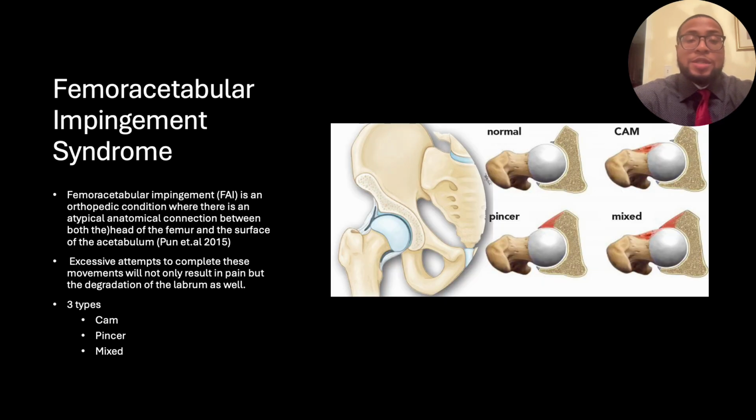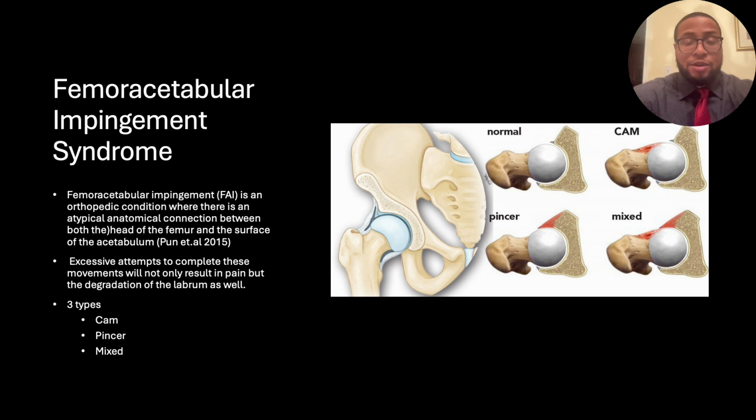Going a little deeper into FAI, there are 3 types of FAI. We have our cam lesion, which is an overgrowth of the femoral head. We have our pincer lesion, which is an overgrowth of the acetabulum impinging on the femoral head.